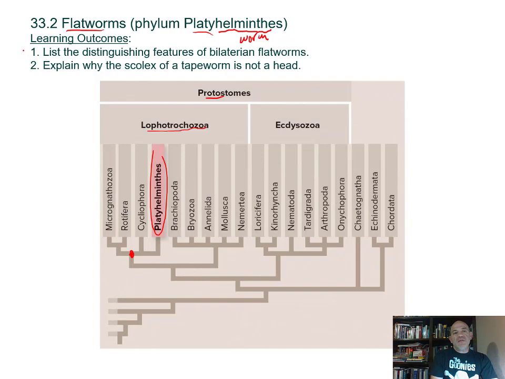And the learning outcomes for this one are to list the distinguishing factors of these flatworms, which are bilaterians, bilateral symmetry, which means they're triploblastic, based on the last chapter that we covered. And then looking at parasitic tapeworms, explain why the scolex of the tapeworm is not a head.